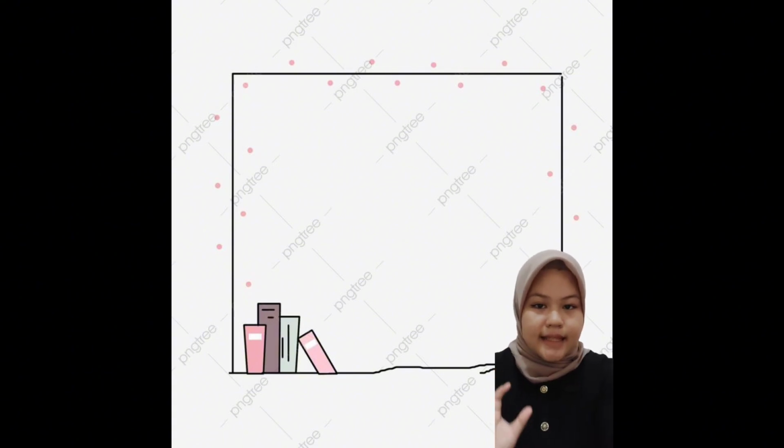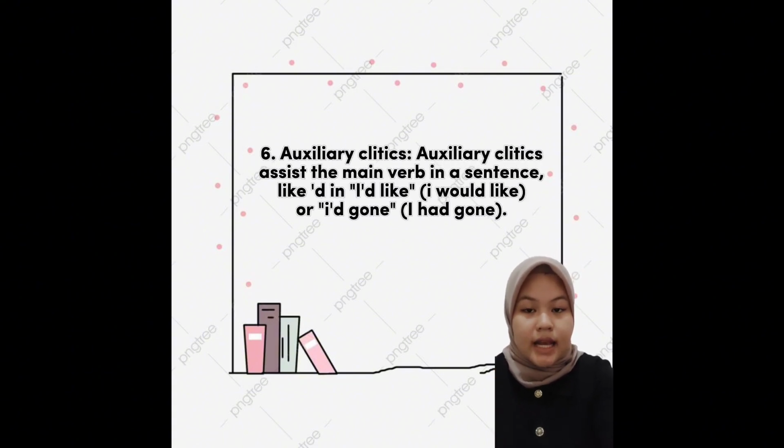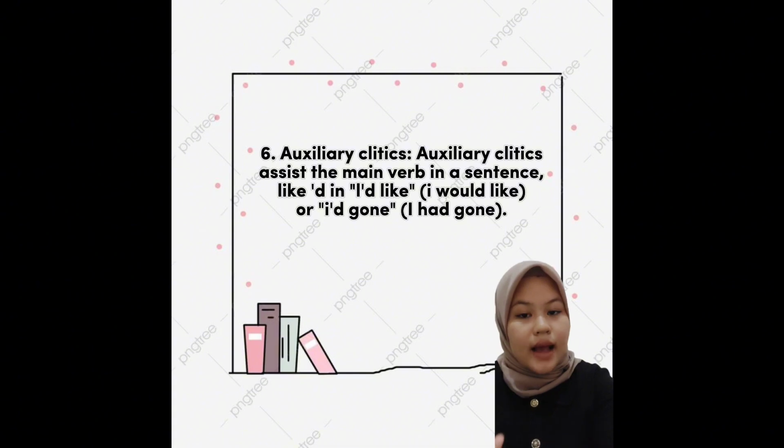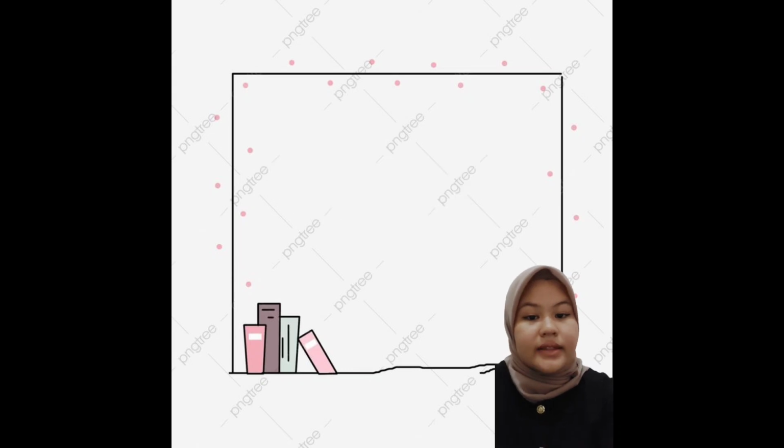Okay, the sixth category of clitics is auxiliary clitics. Auxiliary clitics assist the main verb in a sentence, like 'd in I'd like, I would like, or I'd gone, I had gone.